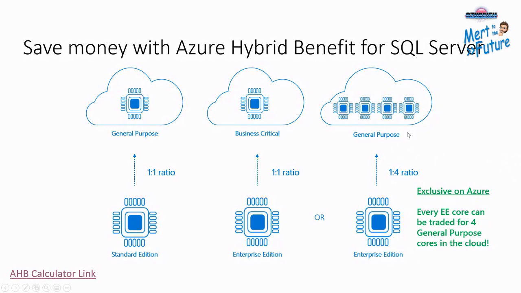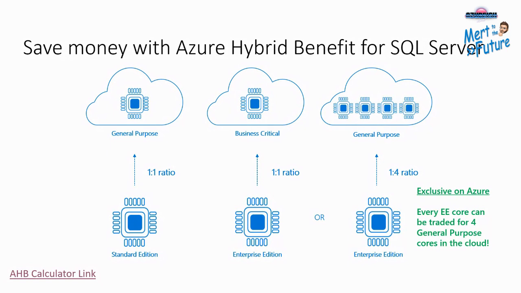So if you have one enterprise SQL Server edition license available, you will be able to use up to 4 vCores in general purpose. That will be automatically up to 50% of the cost.